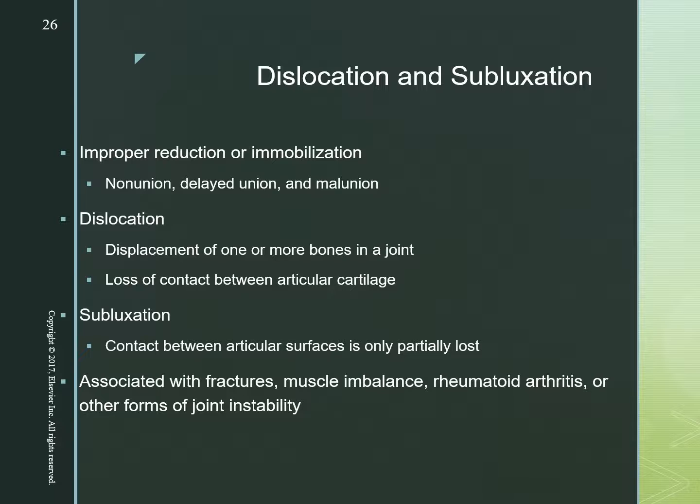Clinical manifestations of a dislocated joint may include a visibly out of place, discolored or deformed joint, limited movement, swelling or bruising, intense pain, especially with movement or weight bearing, and paresthesia near the injury. Subluxation is when contact between the articular surfaces is only partially lost. It is associated with fractures, muscle imbalance, rheumatoid arthritis, or other forms of joint instability.